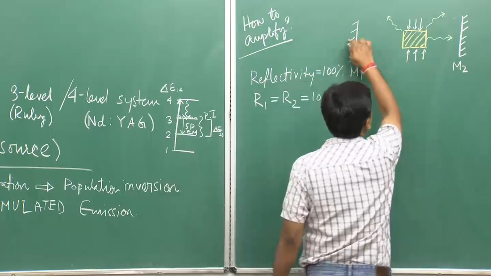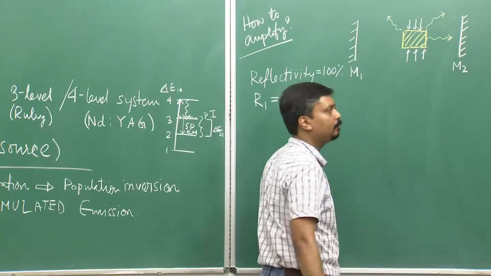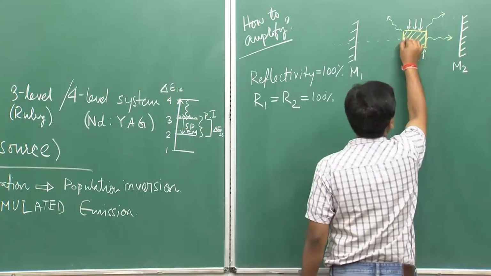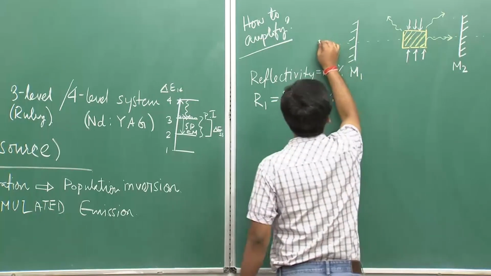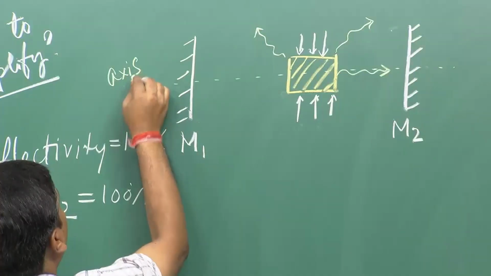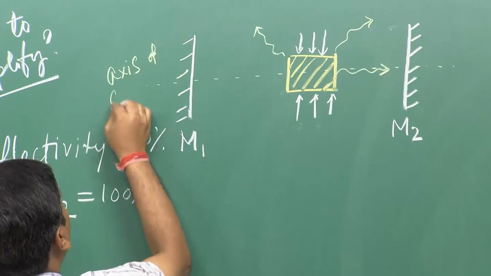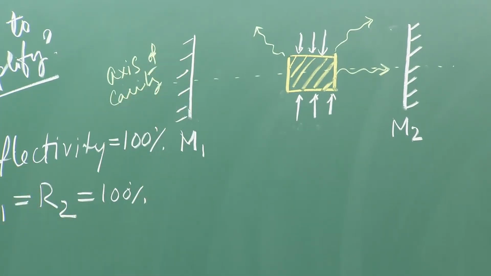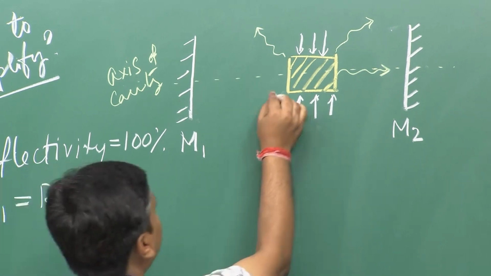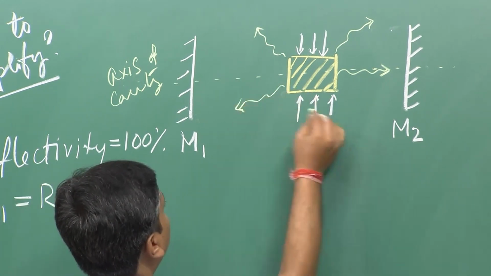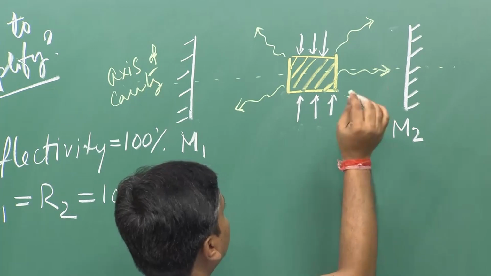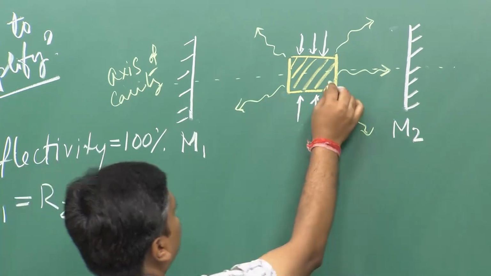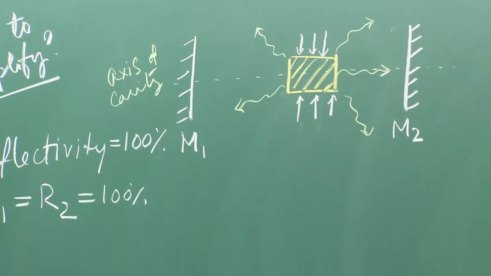So, this is my axis, this is the axis of the cavity. All right. So, now the spontaneous emission will go in every possible direction, because they are very random. So, some of them will be going in this direction.